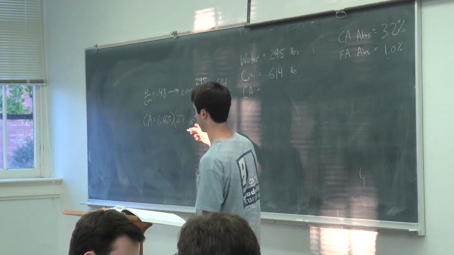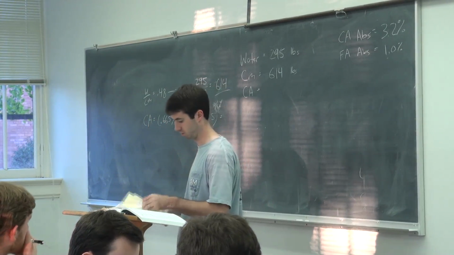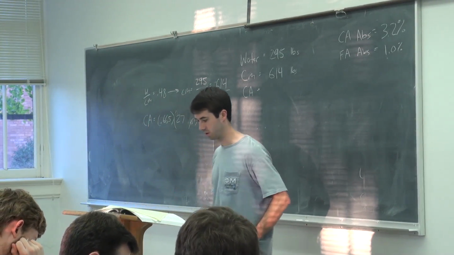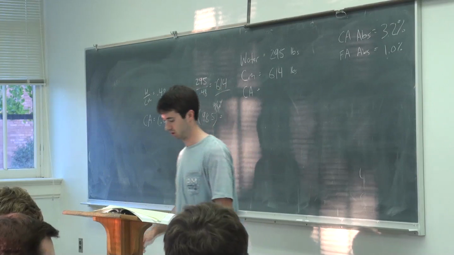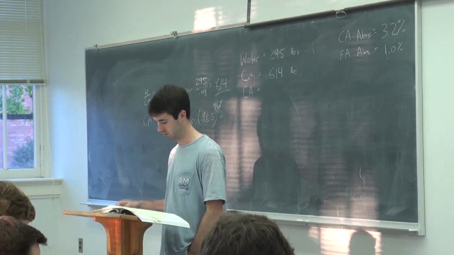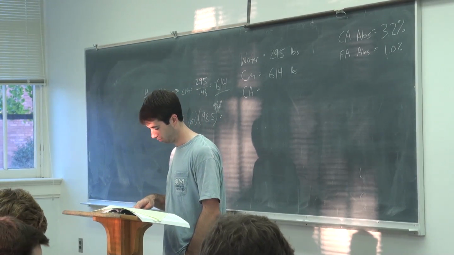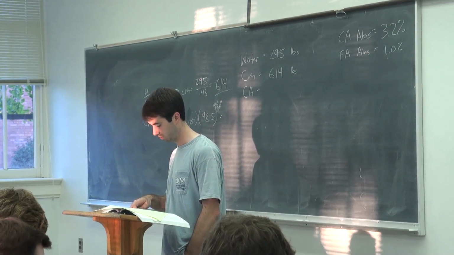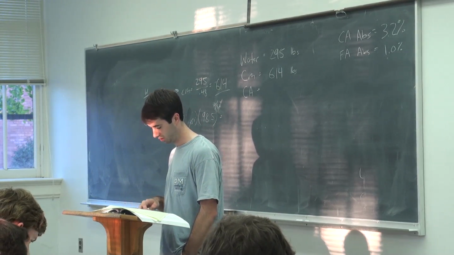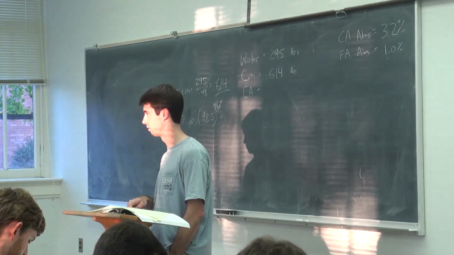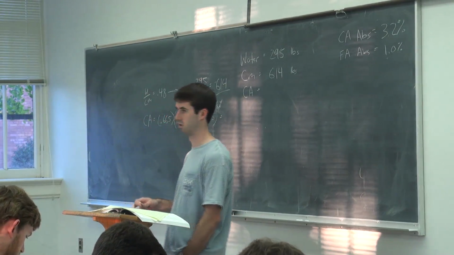This 0.665 came from this table, Table 9.4 in the handout. It's 1 inch, right? Yes, 1 inch. We're at 2.85 on the fineness modulus, so we're somewhere between 2.8 and 3. If you interpolate between 0.67 and 0.65, you end up with 0.665.